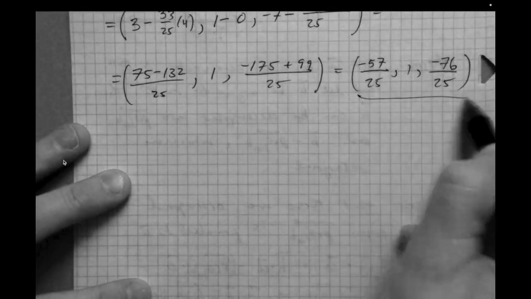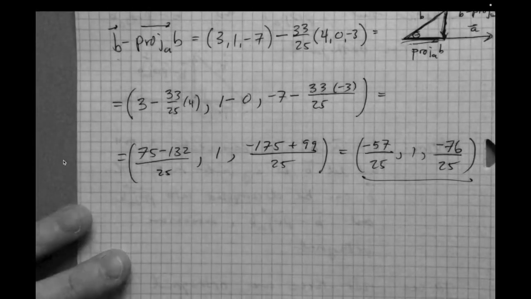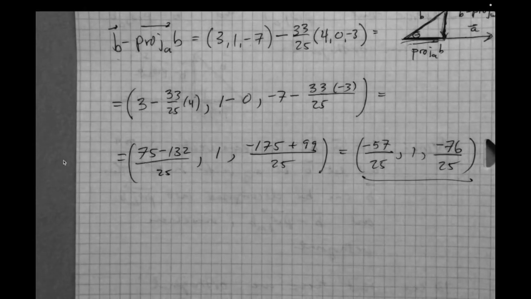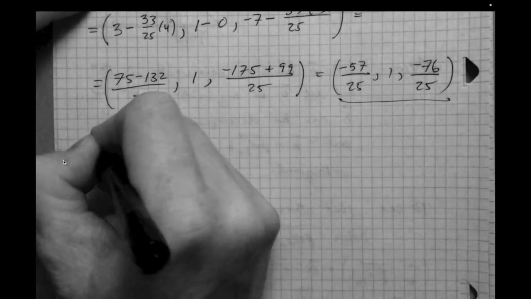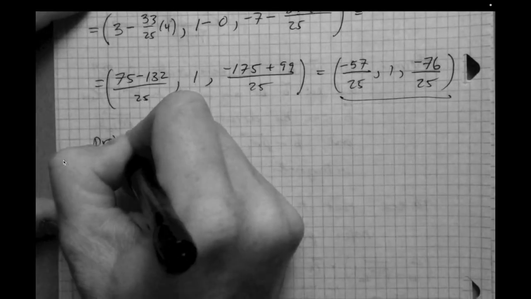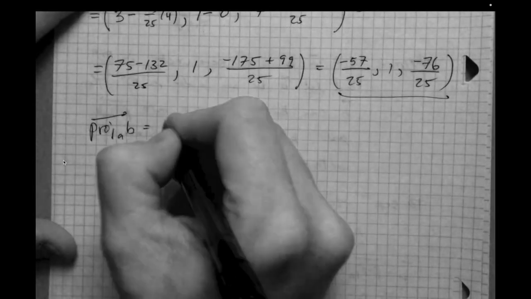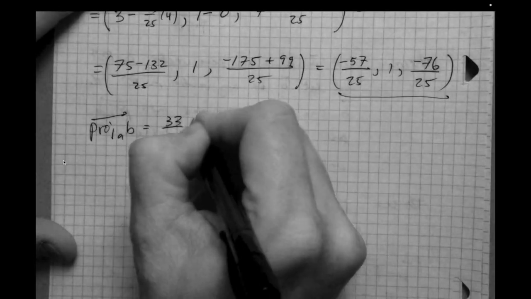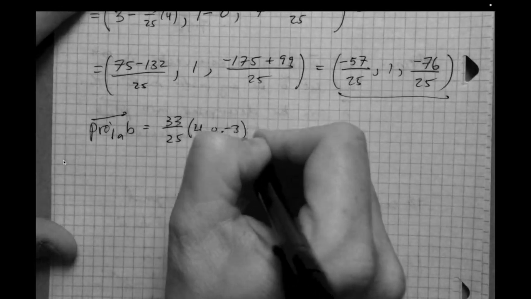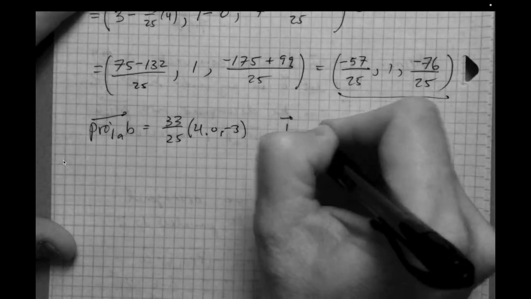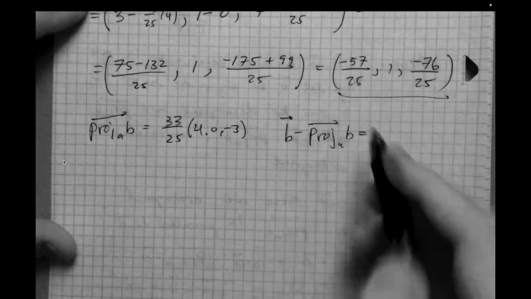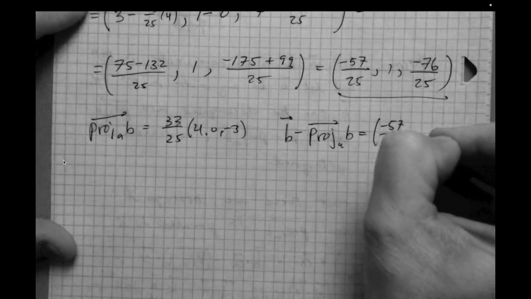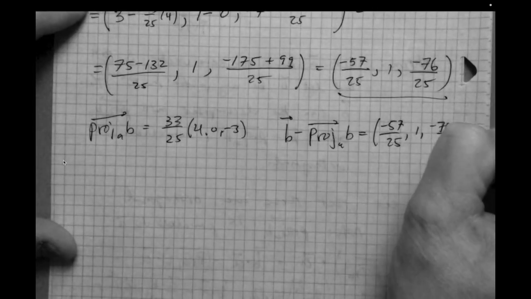And so this is the orthogonal component that we're after. Okay, and so we know that the projection of B onto A is equal to 33 over 25 times 4, 0, negative 3. And B minus the projection of B onto A is equal to this thing, negative 57 over 25, comma 1, comma negative 76 over 25.